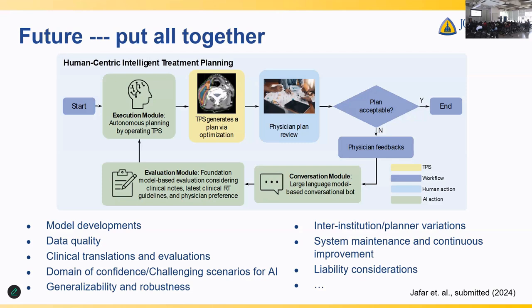That's exactly the work that we are working on right now in the group. Like I mentioned, we try to get one dosimetrist, one robot that can plan all the tumor sites, just like a human dosimetrist who doesn't have to specialize in any tumor area.